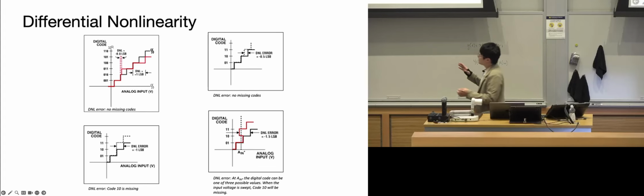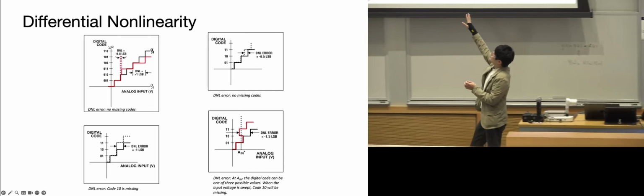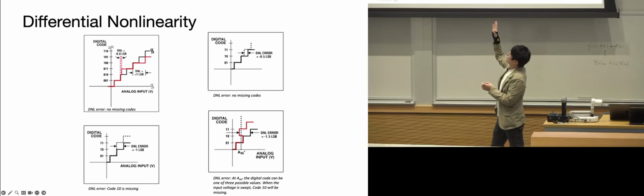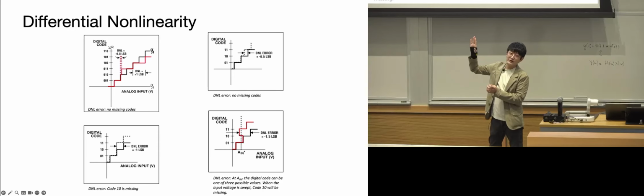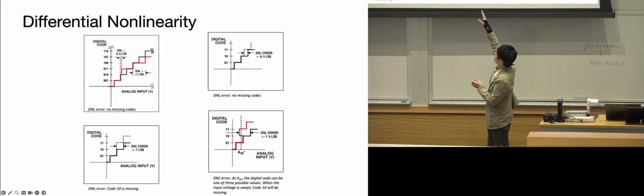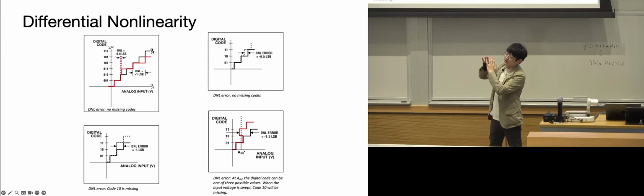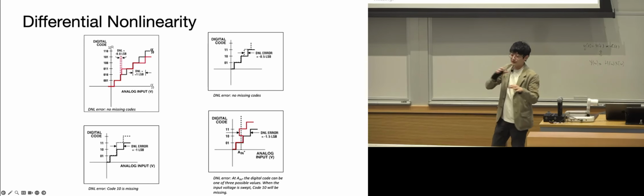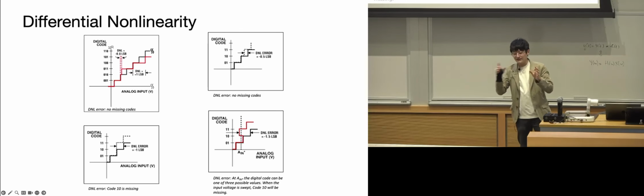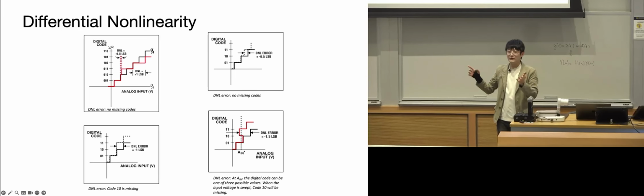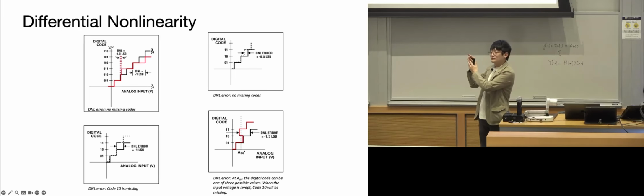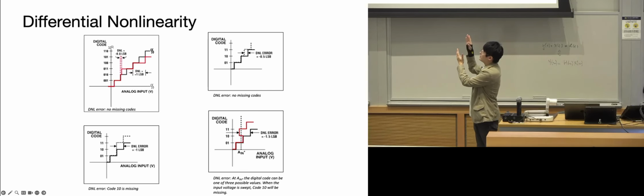The worst case that could happen is that the variance between each step actually goes beyond your step size. Let's say you have a very high-bit DAC, and between 00001 and 00010, the small difference between them is actually smaller than this type of error on each of the bits.